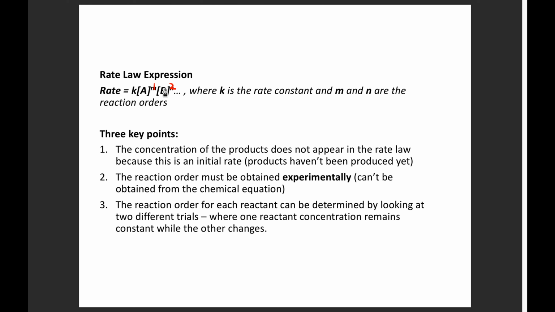We're going to change A while keeping B the same to see how A affects the rate. And then we're going to do the opposite, right? We're going to change B while keeping A the same to see how it affects the rate. And that's, in general, how the rate law expression is created. That's how we determine what the order is for each of these, to see what their impact is on the rate. The higher the exponent is, the greater the impact change in the concentration of that reactant will be.